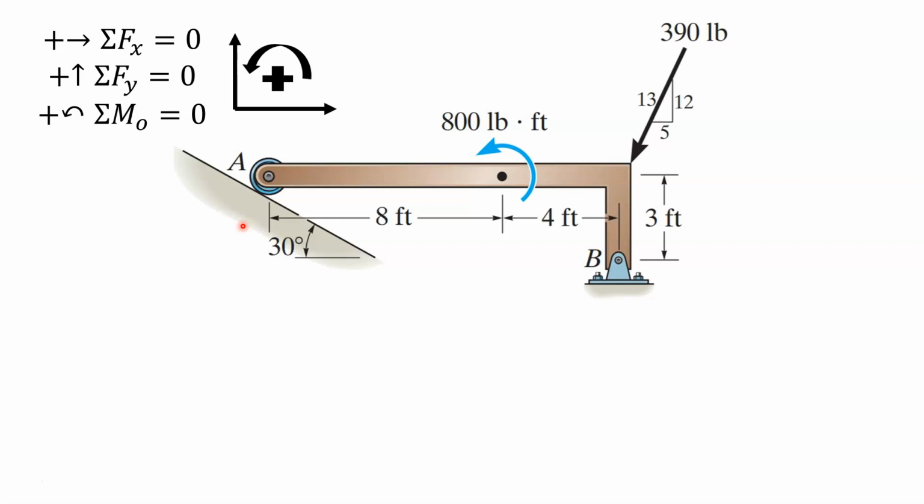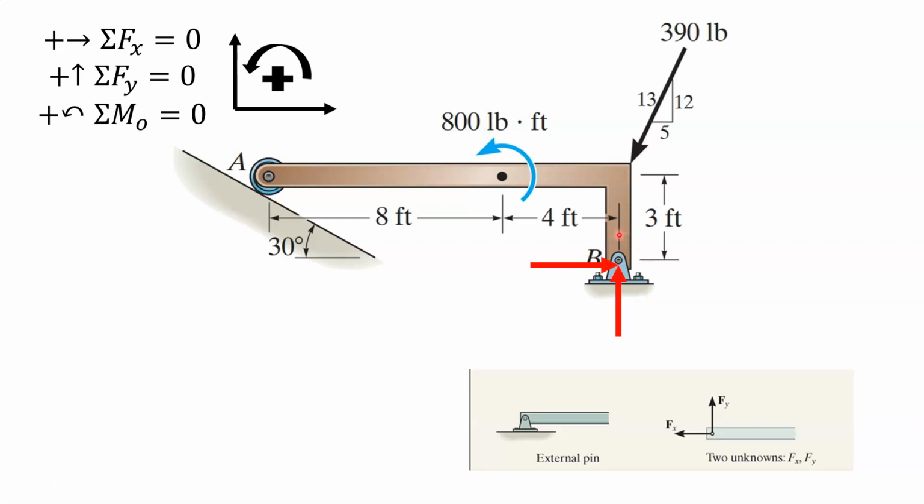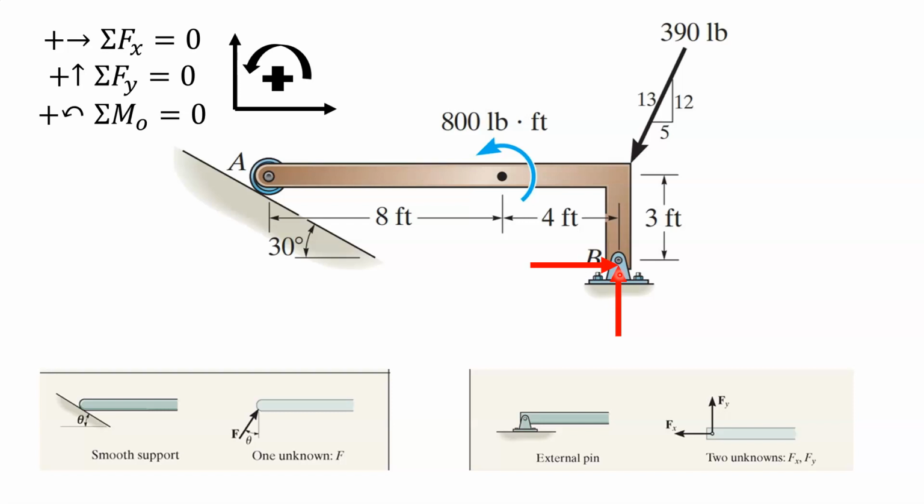Now let's understand what's going on with the supports. We said there was an external pin at B, and we can have the forces F of X and F of Y. So we know that it's preventing translation, up and down and left and right. Now we'll consider what's going on at A. If we look at that as just a smooth support, it's going to have a reaction.